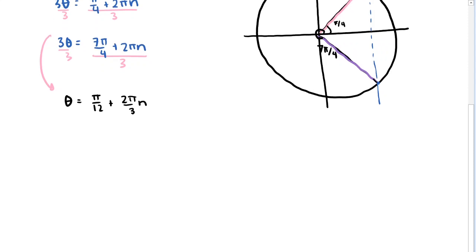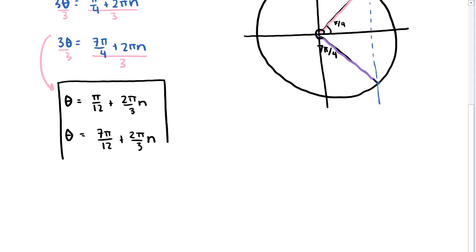And then if we divide both sides of the second equation by 3, we get theta is equal to 7 pi over 12 plus 2 pi over 3 times n. So these are the solutions to our equation.